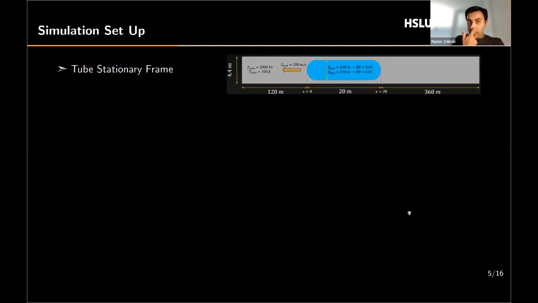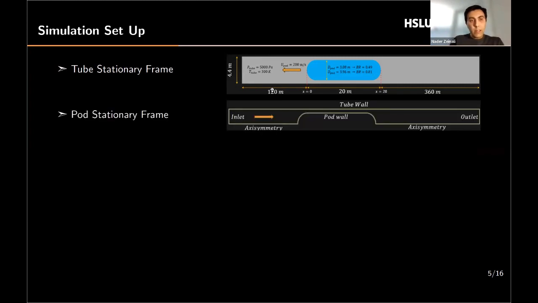So the simulation setup in the tube stationary frame: you can see the dimension of the tube and two diameters for the pod, which correspond to two different blockage ratios. In my simulation, the pod is moving with a speed of 200 meters per second, and you can see the conditions inside of the tube.